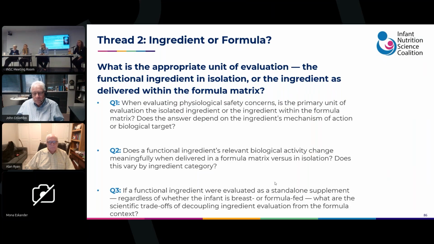That could help provide some safety evidence. Maybe it's not the ultimate evidence you would need for looking at the effect on an infant, but at least it would help you get towards safety. Just going back to the example of totality of evidence. Yeah.